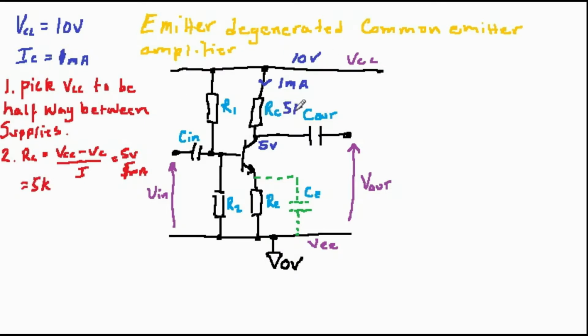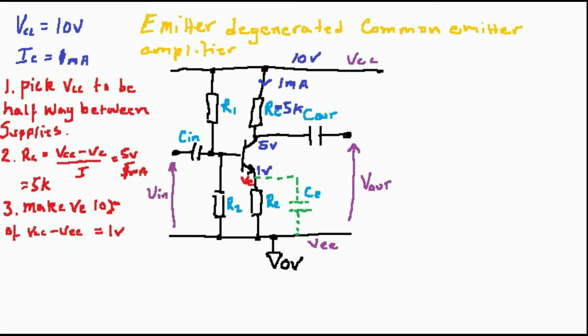Now here's where we depart, because in this one we have an emitter resistor. So let's make the emitter voltage 10% of VCC minus VEE. This is a common rule of thumb. In this case, because it's a 10 volt supply, this makes VE 1 volt.